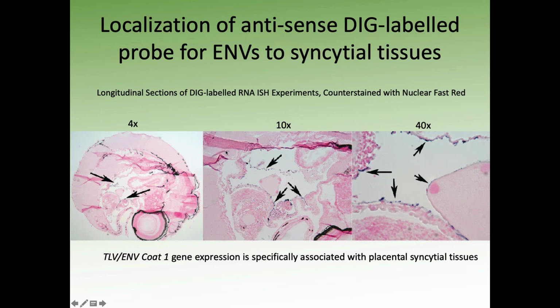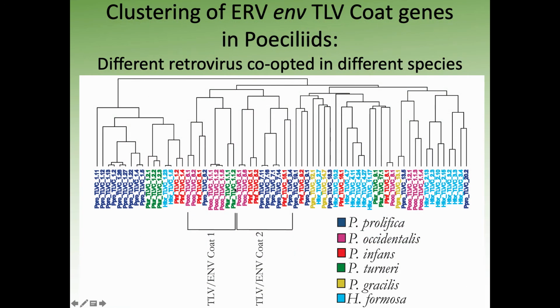And additionally, when we looked for where these purple sections found these envelope coat proteins being expressed, they were all expressed with these syncytial layers, right? So we have a lot of evidence to suggest that these genes are also forming syncytial layers in these fishes that have placentas.